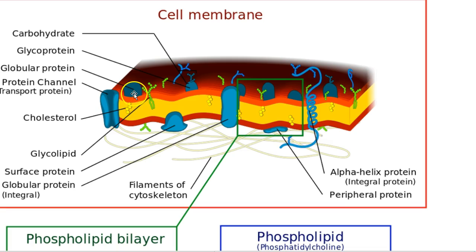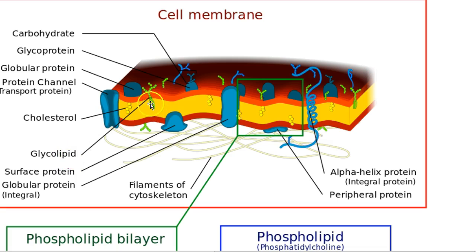We have glycoproteins. Glyco means has a sugar on it. Protein, of course, means protein. So this great big globular structure here is a protein. And here we have a protein with, if you look carefully, a sugar stuck on top of it. Here we have what we call a glycolipid. Glyco again means sugar, lipid means a fat.